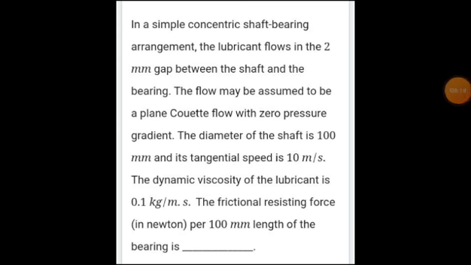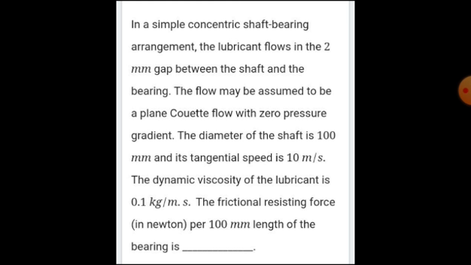Okay, this is the second question, which is from our topic fluid mechanics. This is one of the interesting questions, because here we are going to study the concentric shaft bearing. First of all, I will read and explain the question. In a simple concentric shaft bearing arrangement, the lubricant flows in the 2 mm gap between a shaft and the bearing.